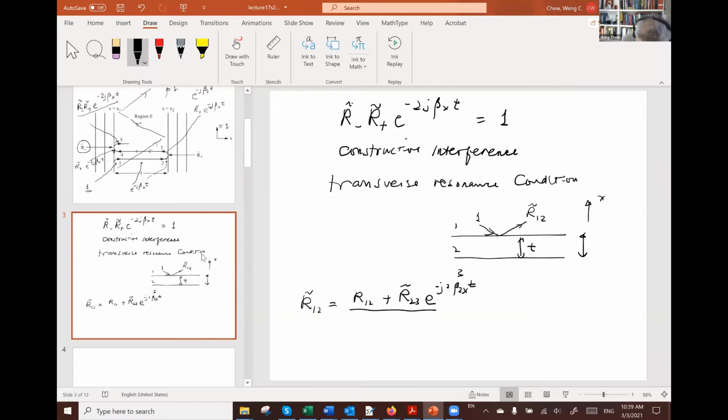So that reflection coefficient will look something like this: 1 minus R12 R23 e to the minus j 2 beta 2 xt. We have seen the derivation of this generalized reflection coefficient before.